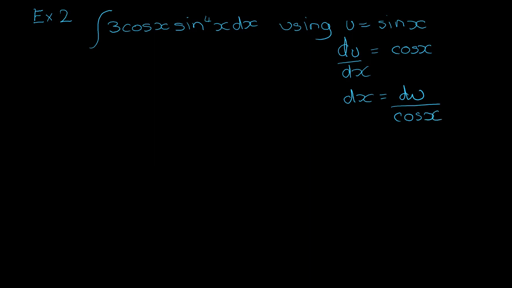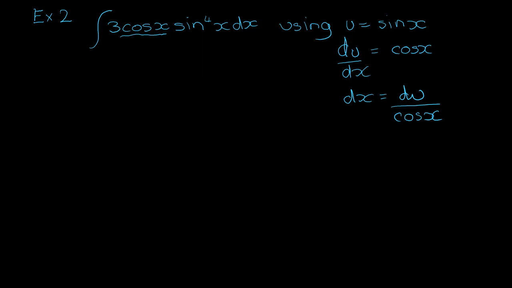Now notice we've already got a cos x over here, so this is an example of when we put in the dx replacement, we're going to get rid of that cos x, so we don't have to worry about changing cos x into something in terms of u.